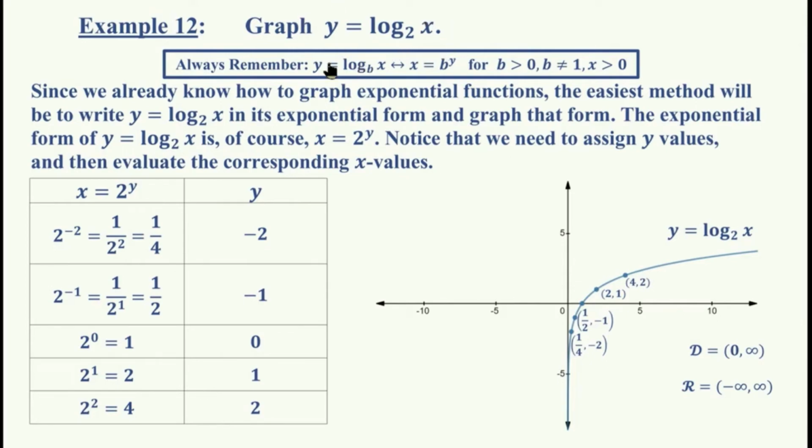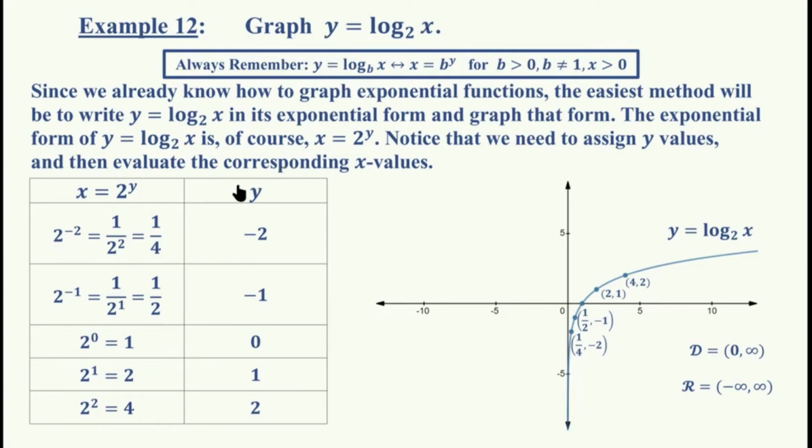So what we do is we take this equation and we write it in its exponential equivalent, which is going to be x equals b to the y. In this case, x equals 2 to the y. It's the exact equivalent of this equation. So if we graph this equation, we've also graphed that equation.